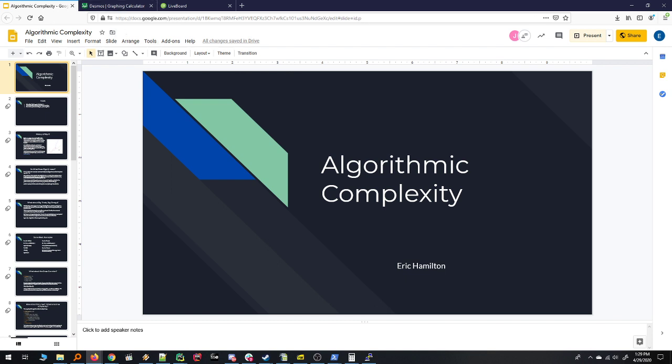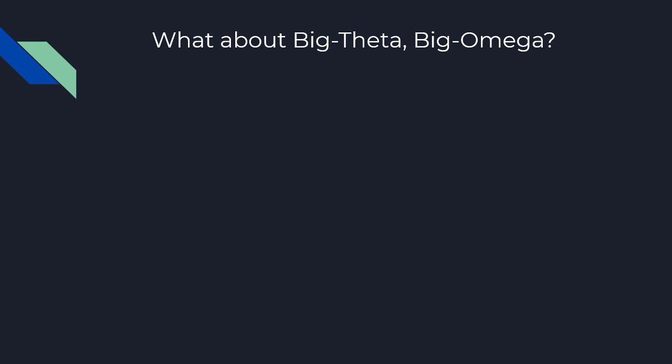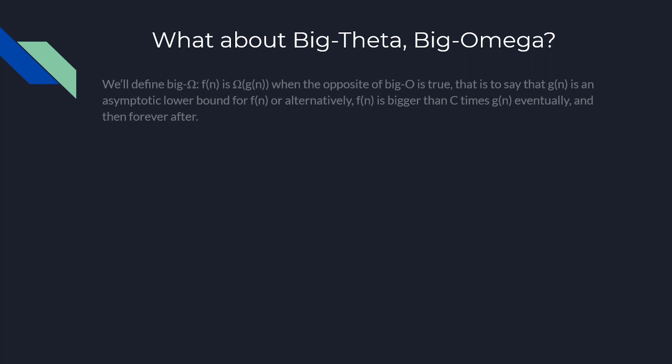So, let's talk about big theta and big omega. So, what should we say about big omega, Ben? Maybe that it's the lower bound, right? It's the opposite of big O. Yeah. So, if big O represents an upper bound of a function, then big omega is the lower bound of a function.